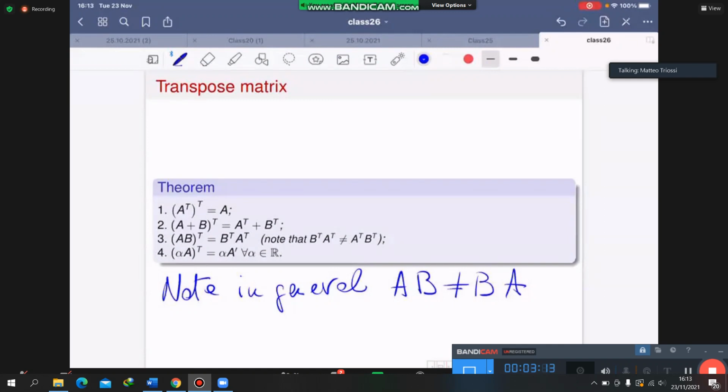multiplying the transposition of A and the transposition of B doesn't make any sense.